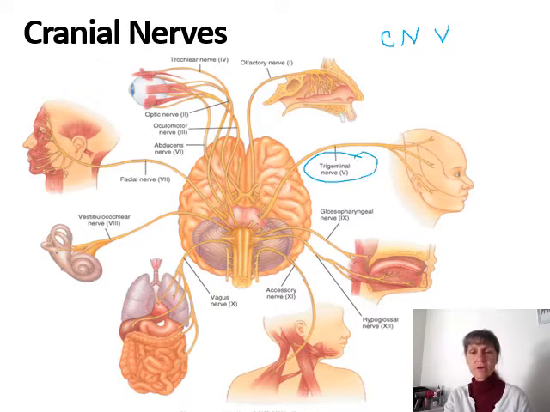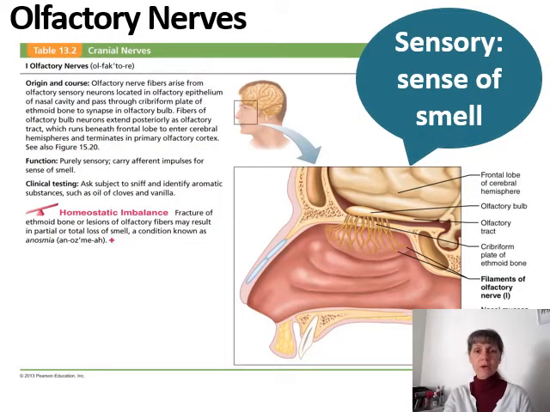So we're going to take a closer look at the cranial nerves and their functions. We're going to begin with the olfactory nerve. If you remember, the cribriform plate of the ethmoid bone had tiny little holes called olfactory foramina. Here we see those terms again.